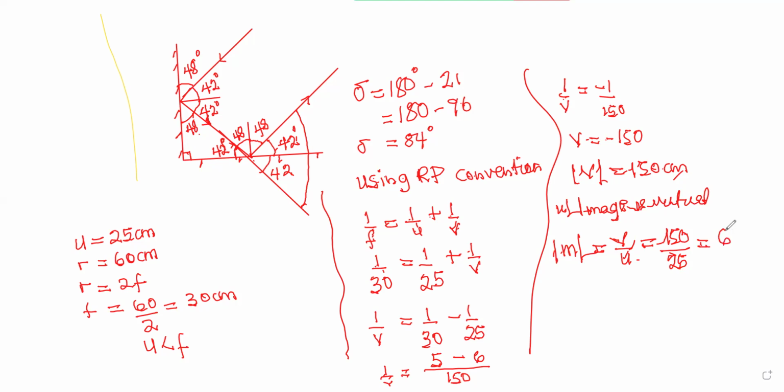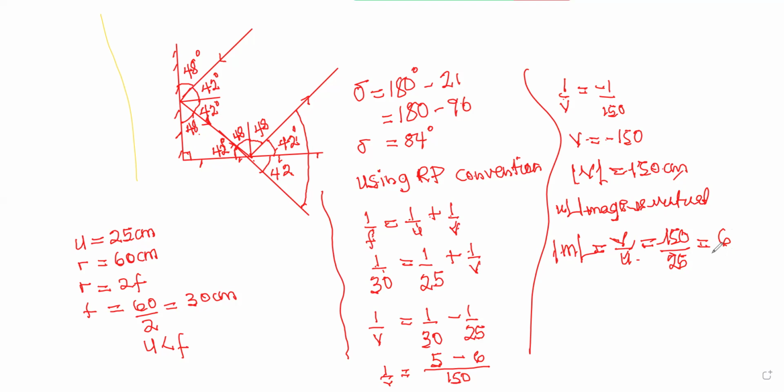So it will be magnified because this value is greater than 1. That's the magnification. The image will be magnified 6 times as the object.